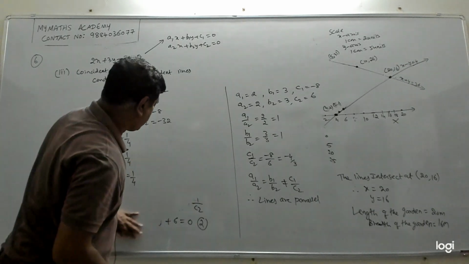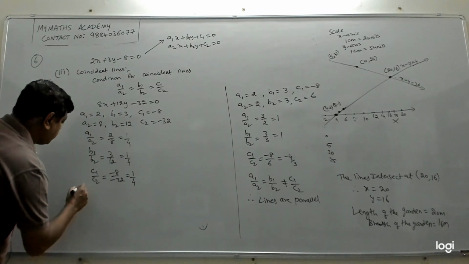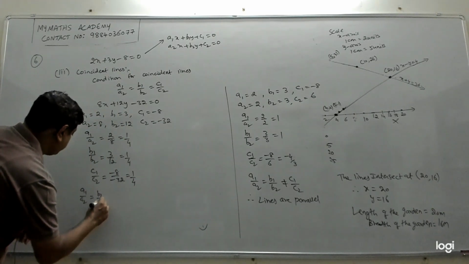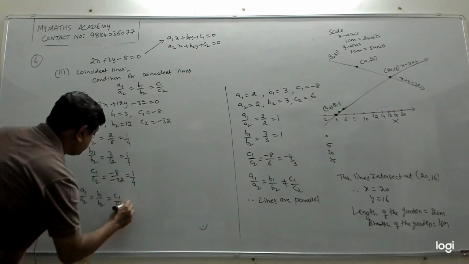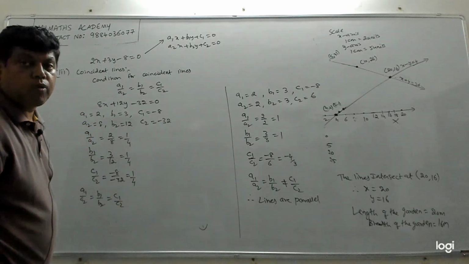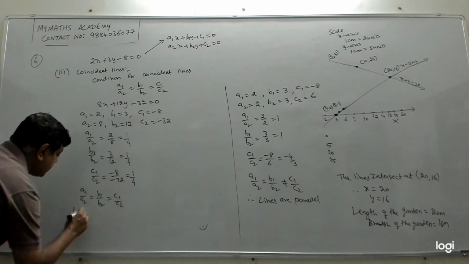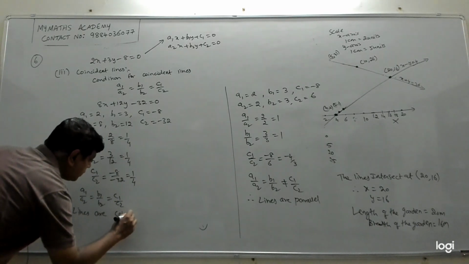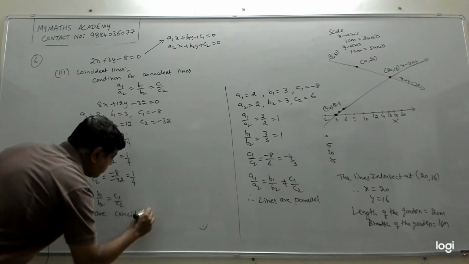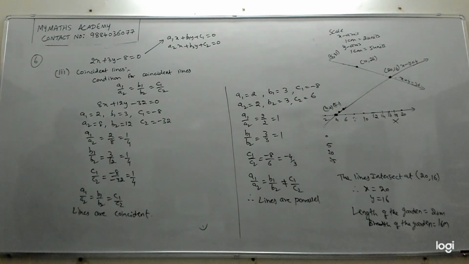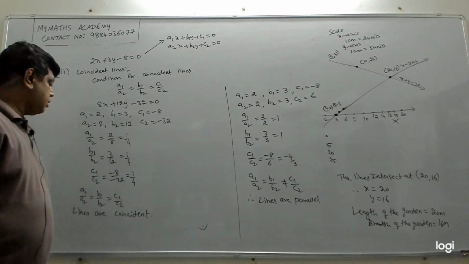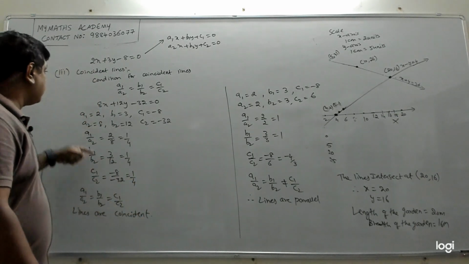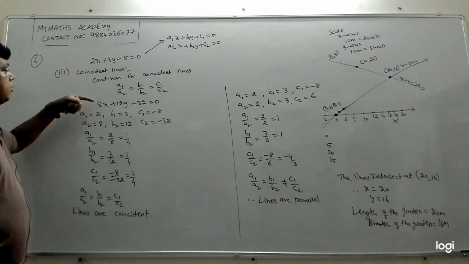So we get a1 by a2 equal to b1 by b2 equal to c1 by c2, which means lines are coincident. From the given equation, you have got one more equation.